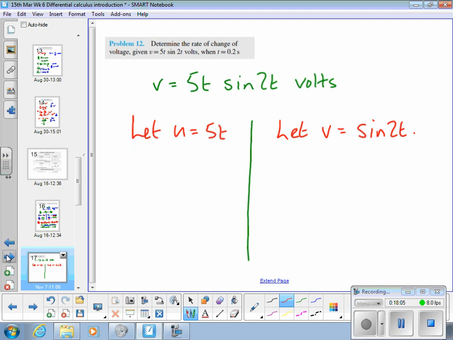And then we need to differentiate du by dt. This one is plus 5 and dv by dt is, so it's 2, bring the 2 out, change it to cosine.